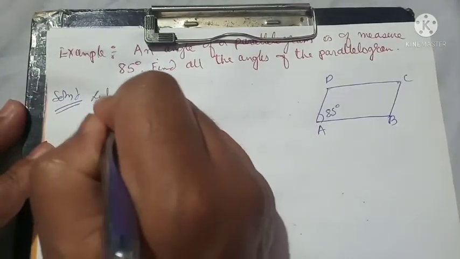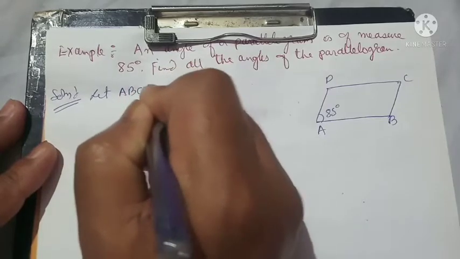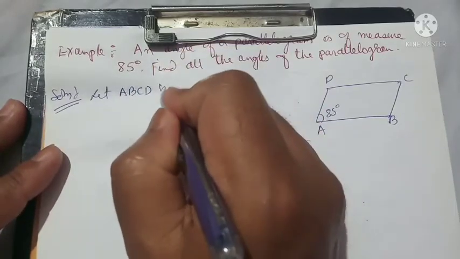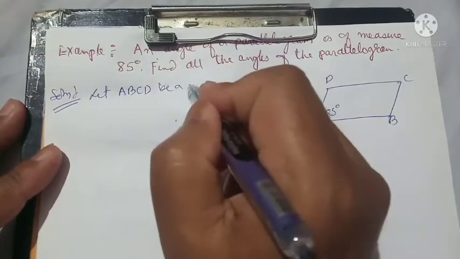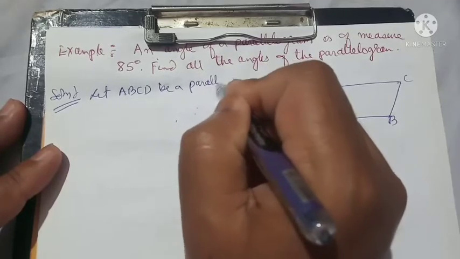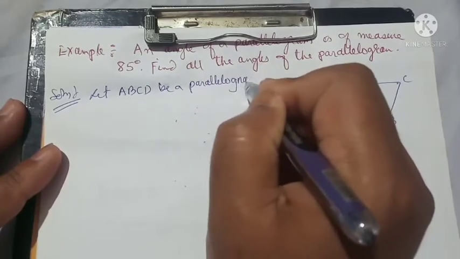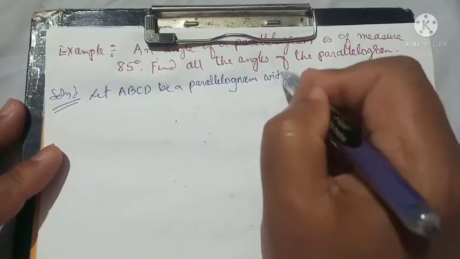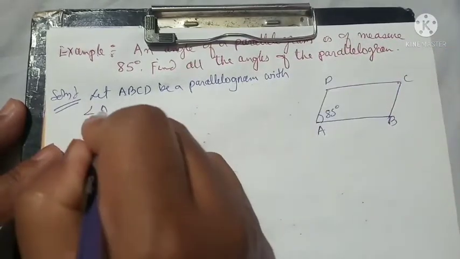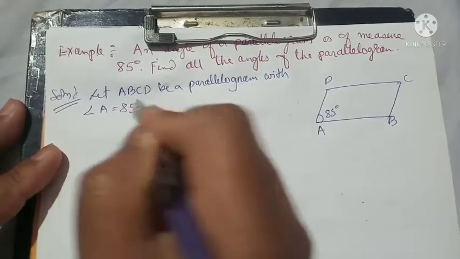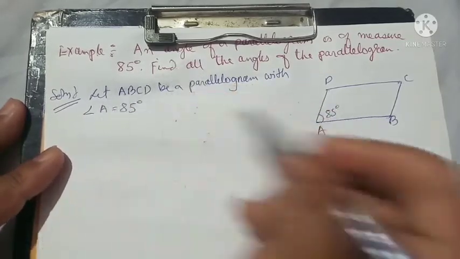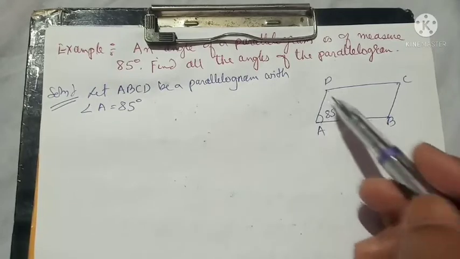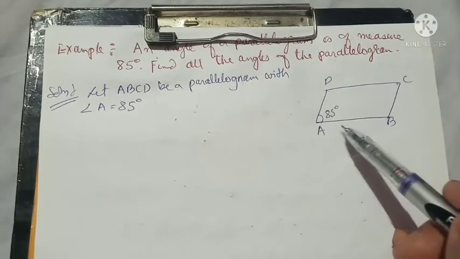Okay, in this solution we have, let ABCD be a parallelogram with 85°.